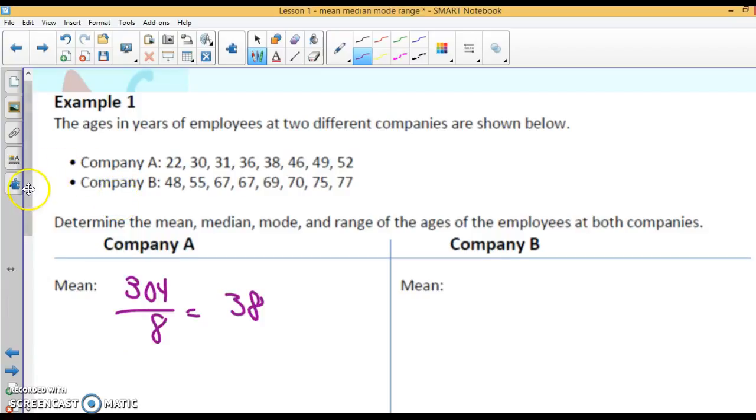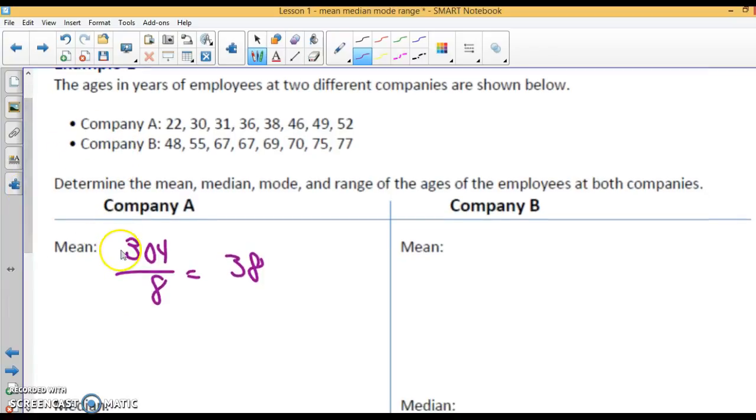Now, for median, they need to be listed in order. Take a look at the list that they gave us. They are already listed in order. So I'm going to find the middle numbers. I'm going to cross off first, last, first, last, first, last. I've got two middle numbers. When you have two middle numbers, to find the median, you are going to add them together and divide by 2. So 36 plus 38 divided by 2 gives me 37.